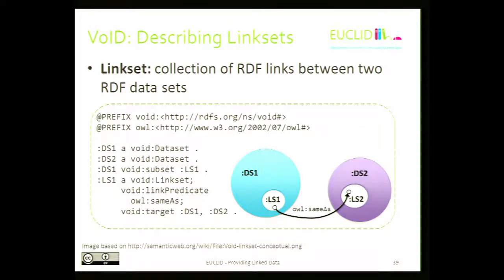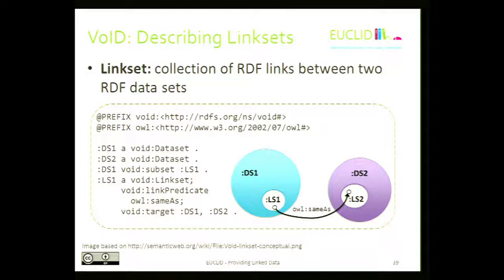A particular subset of our dataset that's reusable even without our data is the link set. Okay? The link set is wholly about alignment between our resources and other people's resources. So we could say we have 2 data sets, for instance, MusicBrainz and DBpedia, that the MusicBrainz part, the first data set, has a subset, LS1, which is a link set.